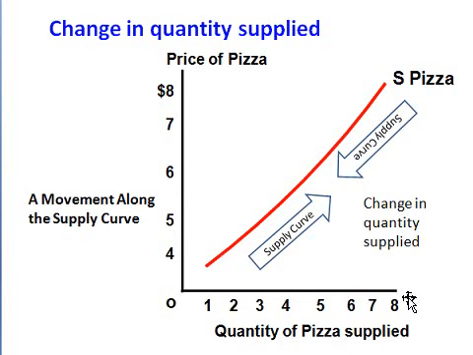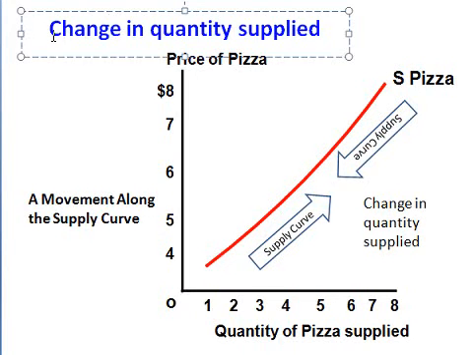As a result, they supply less, provided all other factors that can influence the supplier are assumed to be fixed for the time being. That is called the law of supply, and this change in quantity supplied is actually the law of supply.